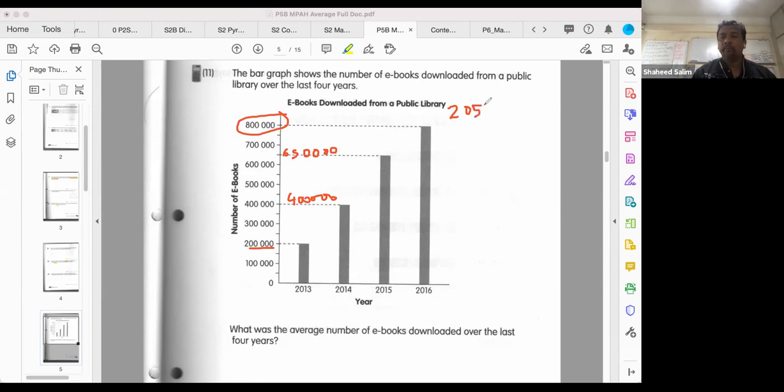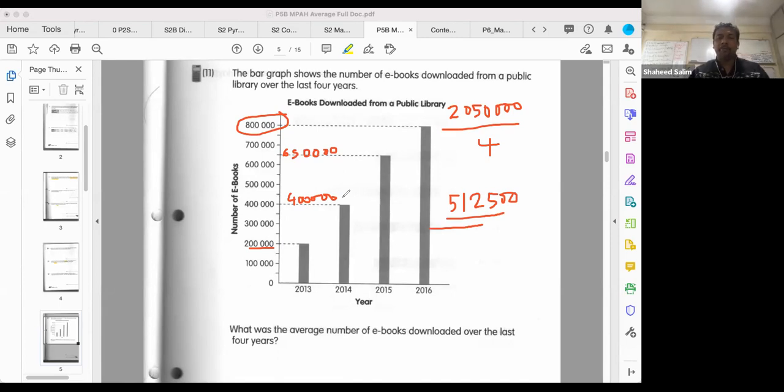Then you must divide by how many years? Total must divide by the number of years. 4 years. You will get 512,500.